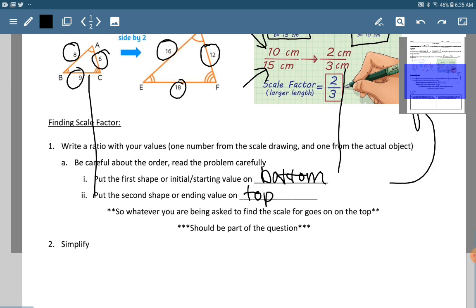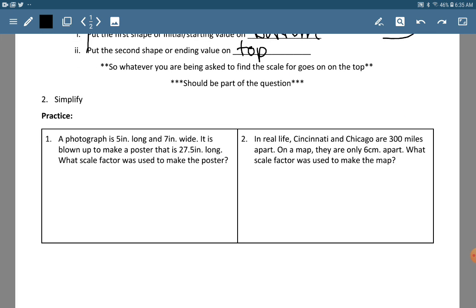Let's practice these 2 questions. It says, a photograph is 5 inches long and 7 inches wide. It is blown up to make a poster that is 27.5 inches long. What scale factor was used to make this poster?